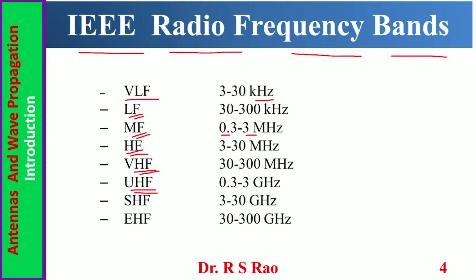UHF, its expansion is ultra high frequency band. Its range is 0.3 to 3 gigahertz. SHF stands for super high frequency. Its range is 3 to 30 gigahertz. EHF stands for extra high frequency band. Its range is from 30 to 300 gigahertz.